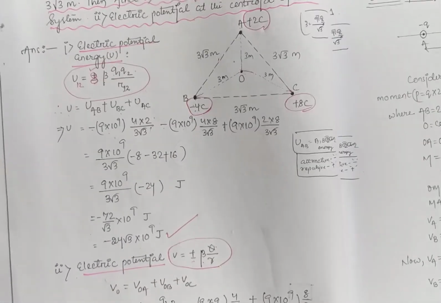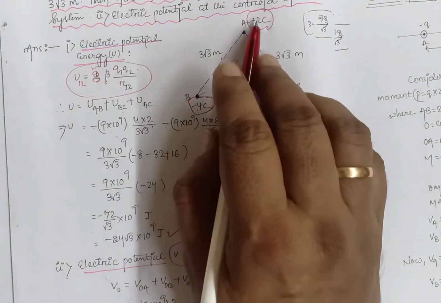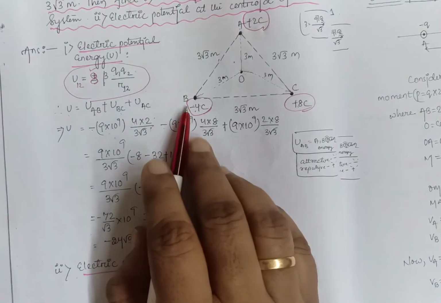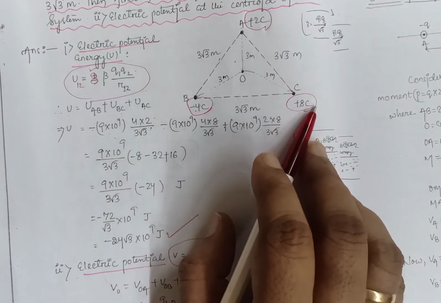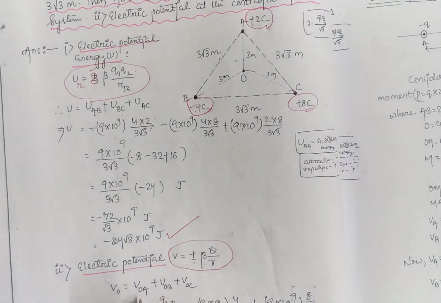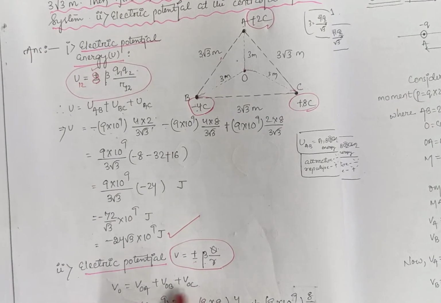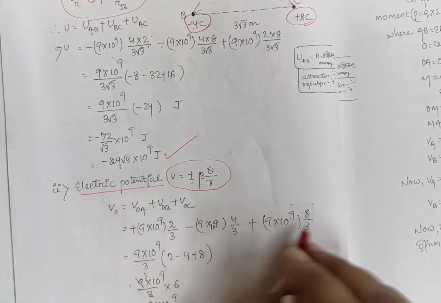And here you put the sign: plus sign for A calculation, minus for B calculation, plus for C calculation. So VOA, VOB, VOC, as it is a scalar quantity, is simply algebraic addition, only the sign to be given.